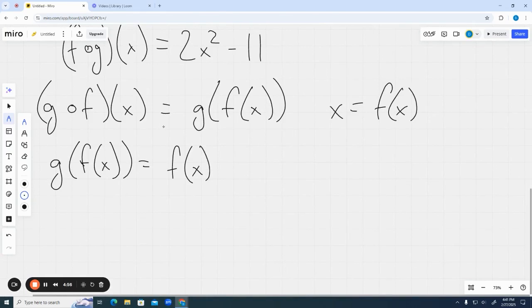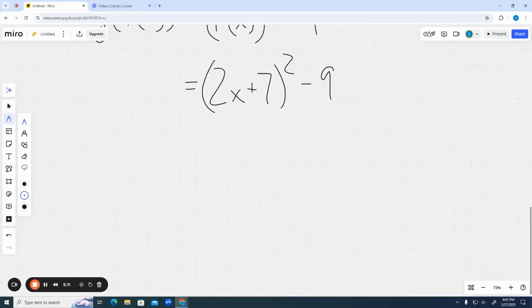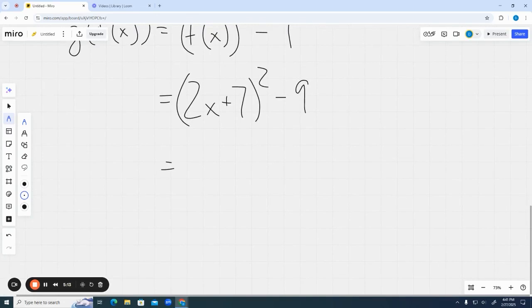And we would say, okay, well, this is going to be f of x squared minus 9. And we can go ahead and evaluate that further by substitution and say 2x plus 7 squared minus 9, and then evaluate that further.